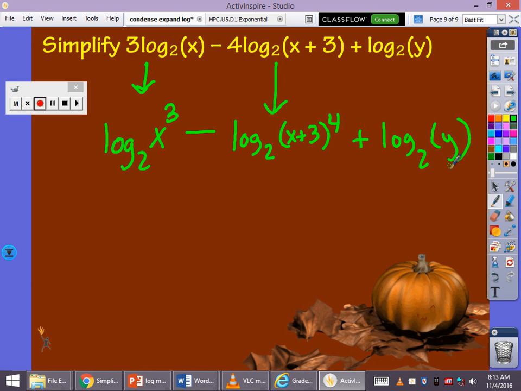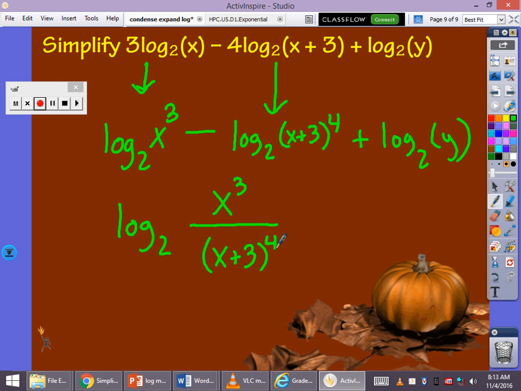What do we do with subtraction? What goes hand in hand with subtraction? Quotient, division. So log 2 of x to the third over x plus 3 to the fourth.